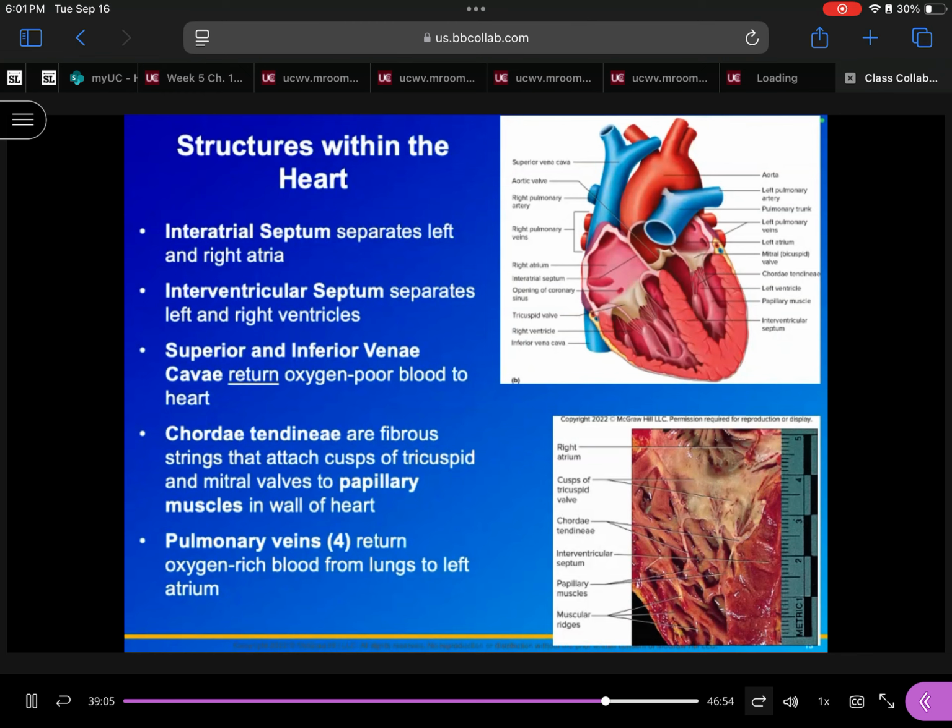This is the tricuspid valve, and these are all the chordae tendineae. That's pulling that down to make sure that we don't have prolapse, like Taylor had mentioned before, except that was when we were talking about the bicuspid or mitral valve. Anyway, all right, and then we have four pulmonary veins returning oxygen-rich blood from the lungs to the left atrium. So we talked about the return of both of those.